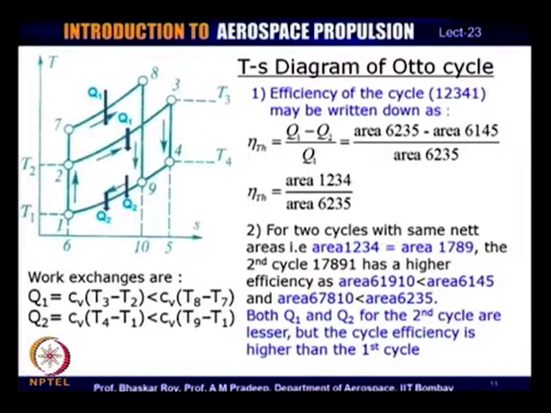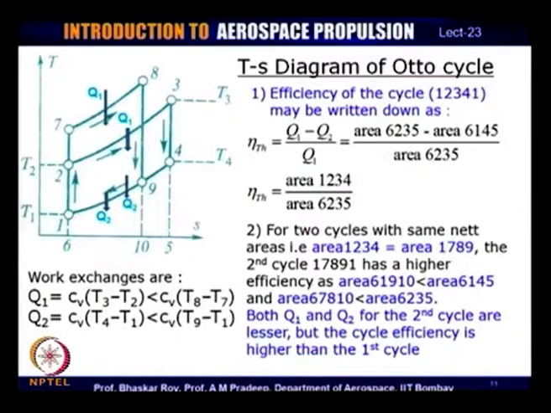And in the TS diagram, we can now see the work done, for example, if we take the first cycle here, 6, 2, 3 and 5, that is the heat input into the system, and the heat output Q2 is in terms of 6, 1, 4, 5.